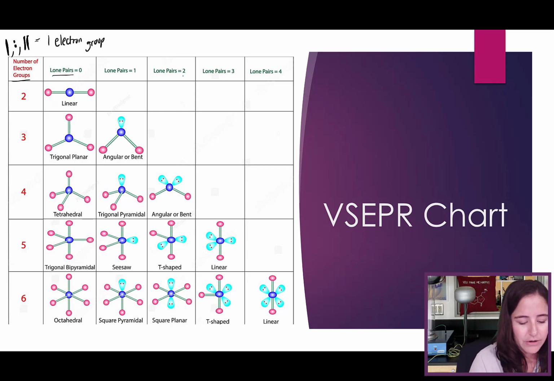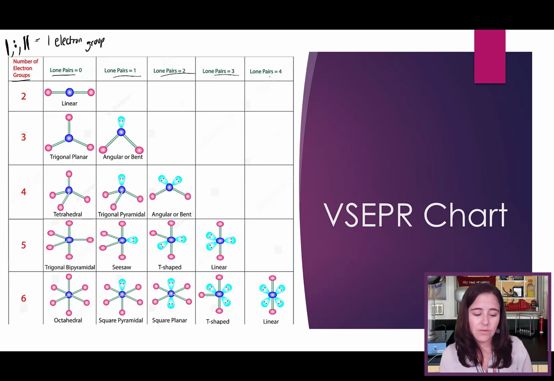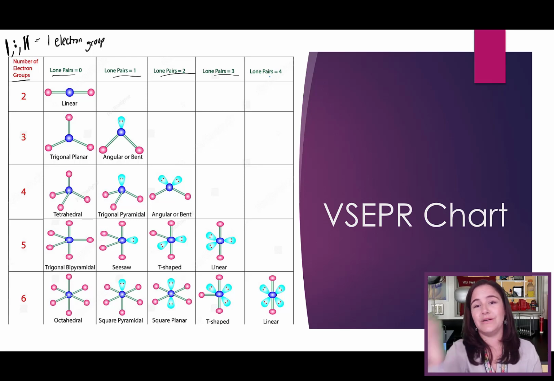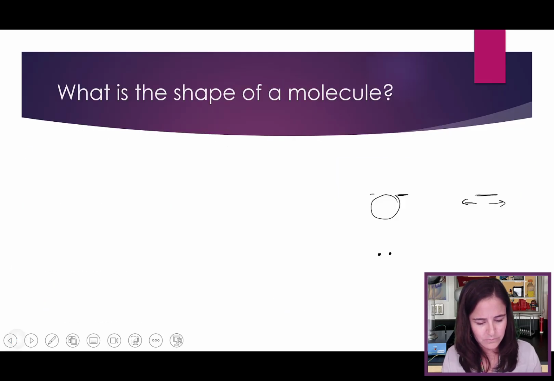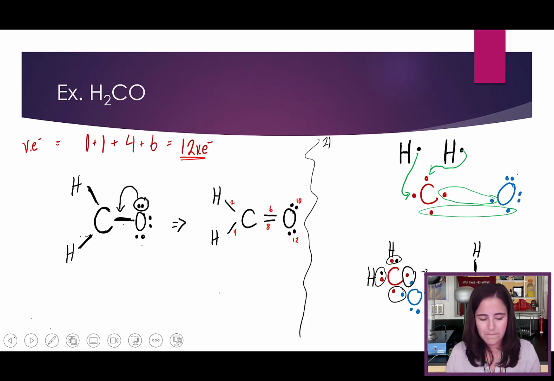And then we have our number of lone pairs. So what we're going to do is use this chart to determine the shapes of the molecules that we drew earlier in the lesson and determine if they're polar or nonpolar. Okay, so let's go ahead and look at the first one that we drew. Okay, formaldehyde.